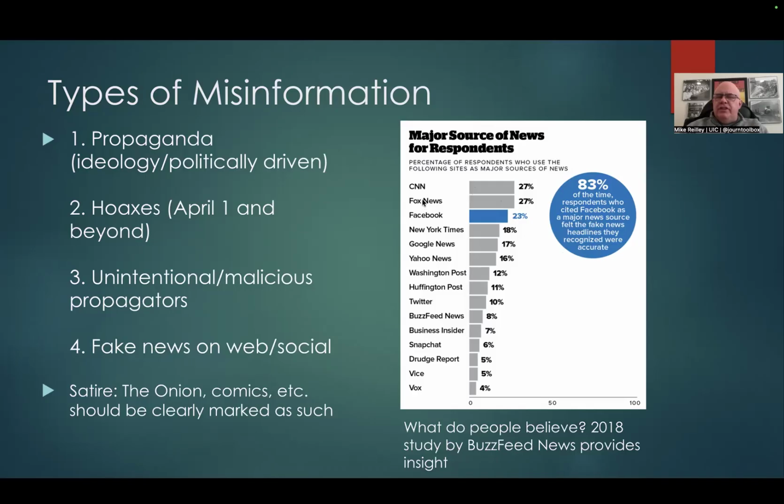But what's also interesting about this study is look at what people think are news sources. Facebook. Facebook doesn't do any reporting. They're just sharing the information. It gives you a platform to share it. Google News just shares information from other news websites. Yahoo News actually has their own reporters. Then we have a bunch of news outlets here. Then Twitter.